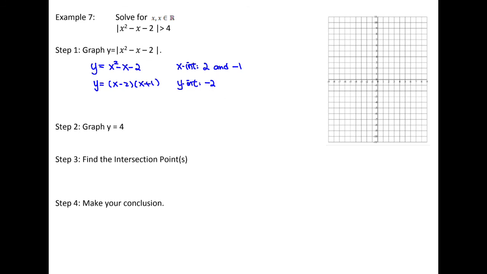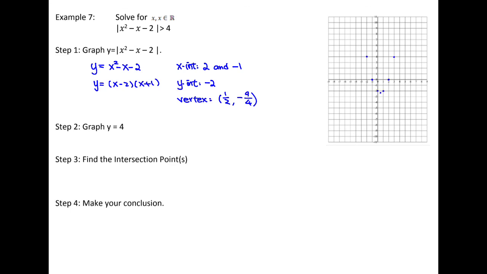The next crucial point is the vertex. One way to find the vertex is to add the two x-intercepts and divide by 2 to find the x value of the vertex. After that, substitute x equals one half into the original function to get the y value of the vertex, which is negative 9/4.